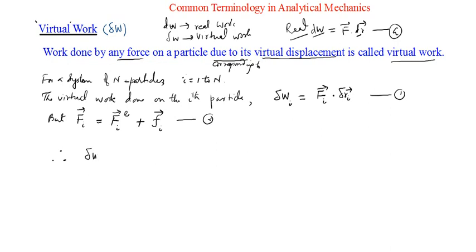Delta Wi, which is a scalar, is equal to, I can just break up that Fi as Fi, external or applied, plus fi, on the ith particle, which I'm calculating individually, due to the constraints, dot delta Ri, where delta Ri is the virtual displacement of the ith particle. So this is equation 3, the detailed equation for the virtual work on the ith particle.